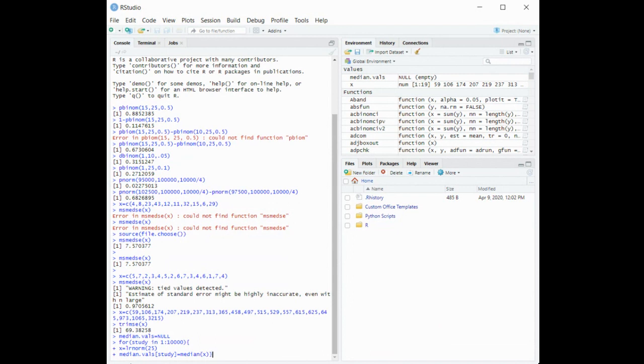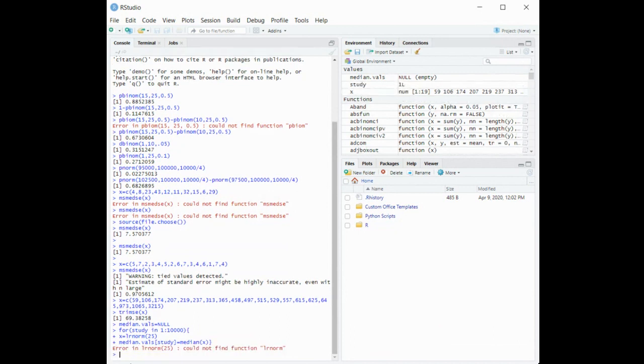Okay, so I'm just going to press enter. Oops, cannot find function. So for some reason I don't have that function rnorm.